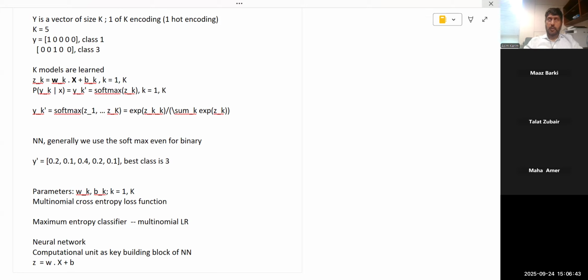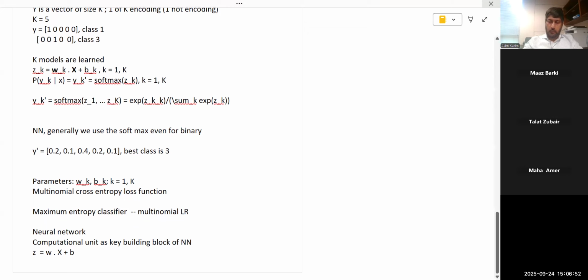So this single unit does this computation with an activation function. अभी तो ये linear था, ठीक है? So now the output of this single neuron would be A, some activation function of Z. So this is the computation.